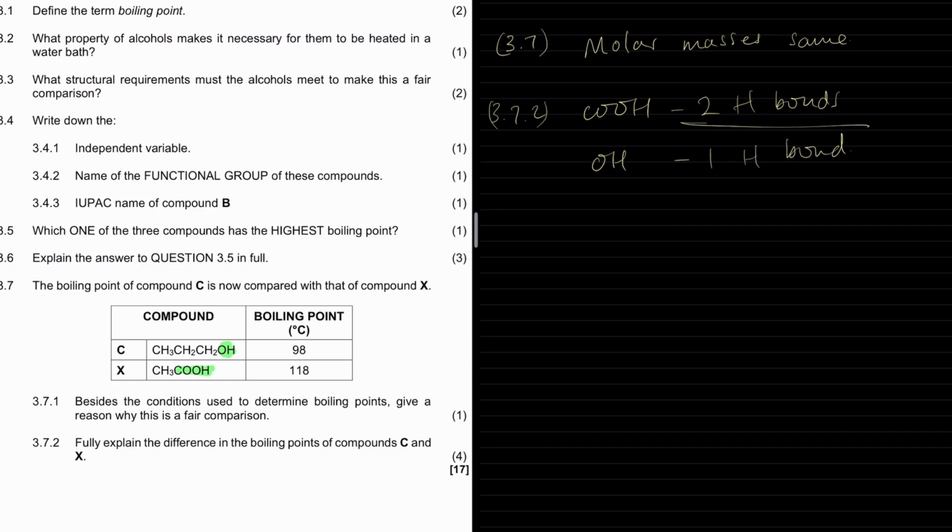So since this has 2 hydrogen bonds, it's going to have a stronger IMF. Therefore, it's going to have a higher boiling point. Now, of course, if you are answering this in an exam situation, you will write this out in full sentences, but this is just the idea.